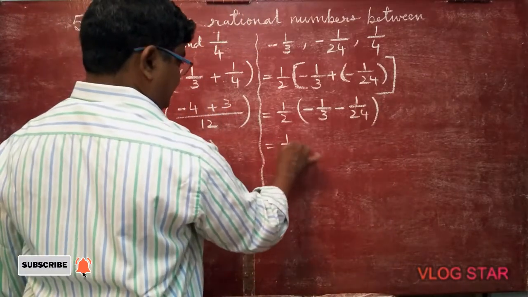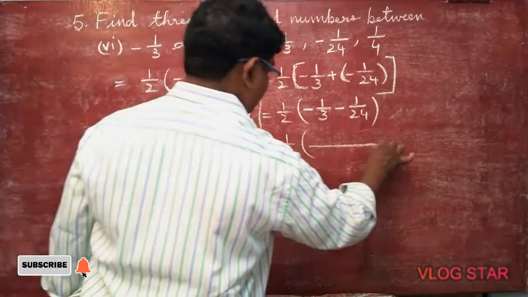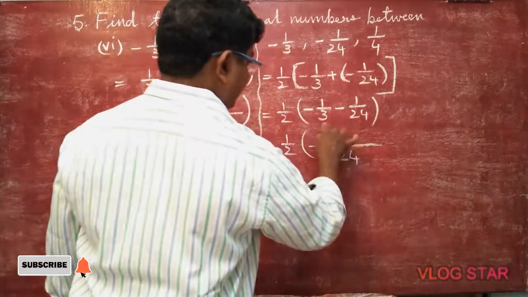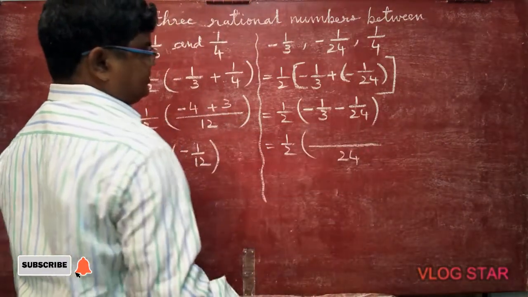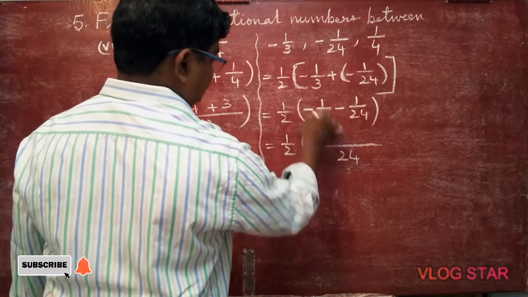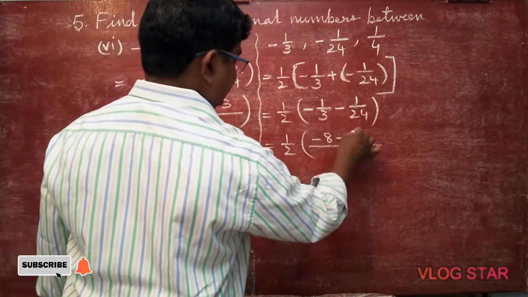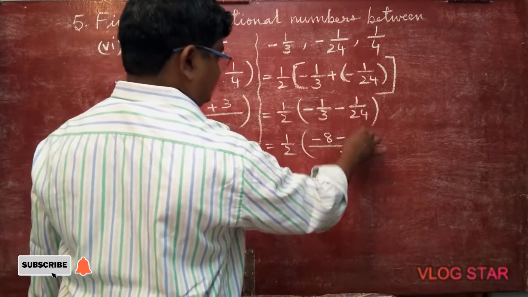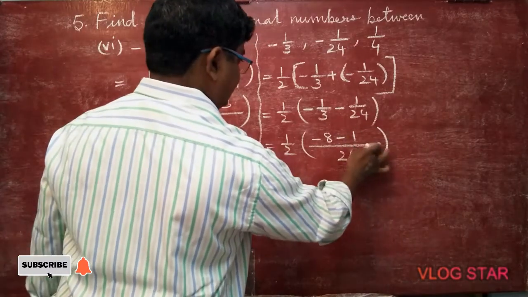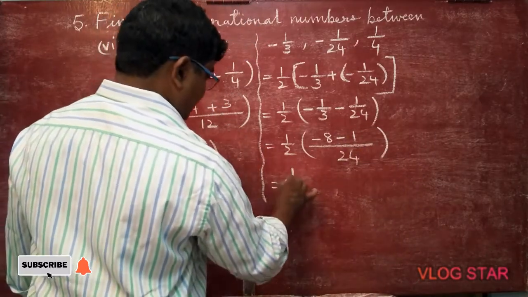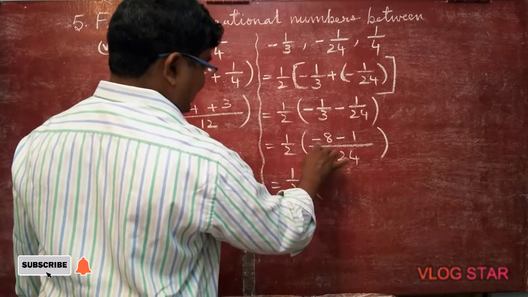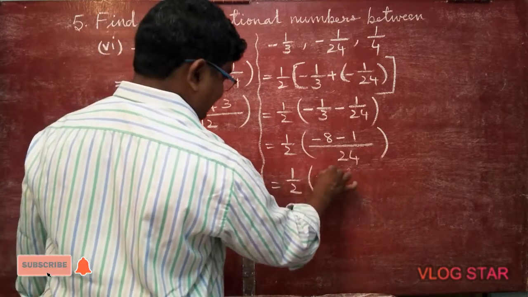That is equal to 1 by 2 into, here 24 is the LCM for 3 and 24. 3 goes 8 times, so minus 8; 24 goes in 24 one time, minus 1. That is equal to 1 by 2 into minus 8 and minus 1 is minus 9.